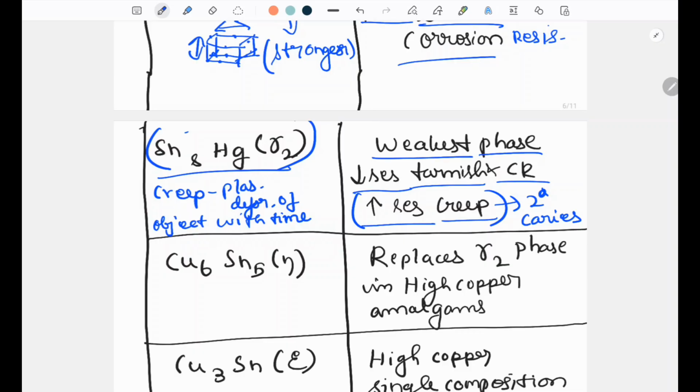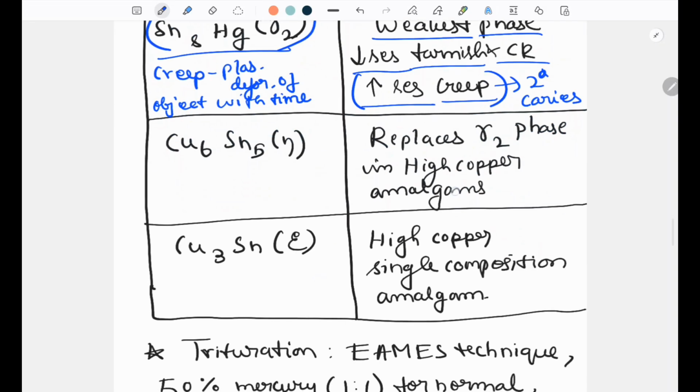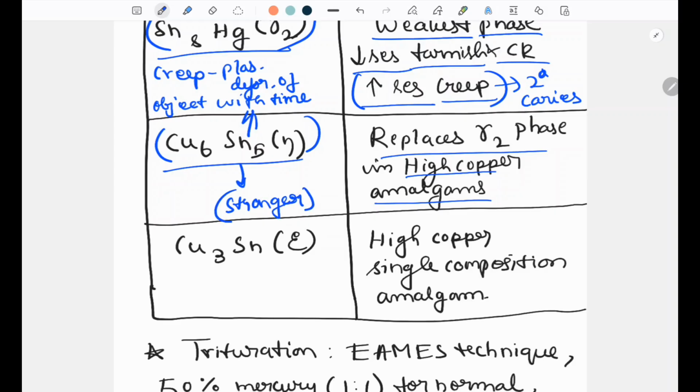Coming to the copper tin eta phase, it replaces the gamma 2 phase, that is the tin mercury, in high copper amalgams, and it is also stronger. It adds up to the dental amalgam alloy.